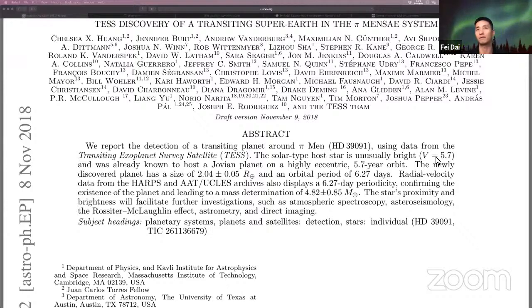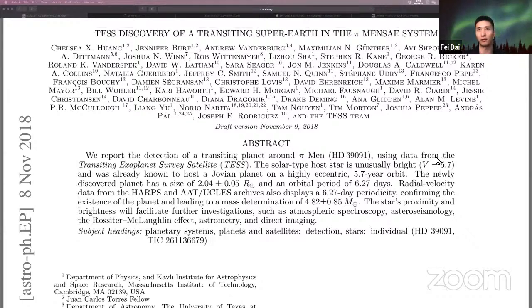And every change in magnitude by 5, the brightness drops by a factor of 100. So this star is roughly about 100 times fainter than Vega, but that is still a very bright star.